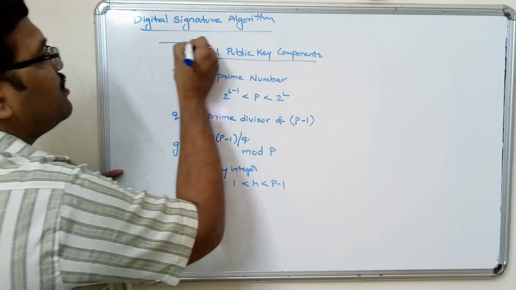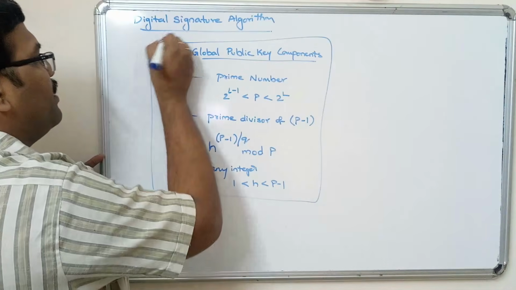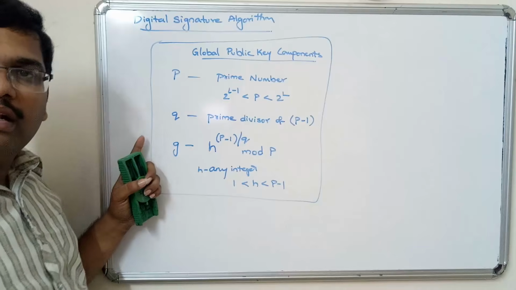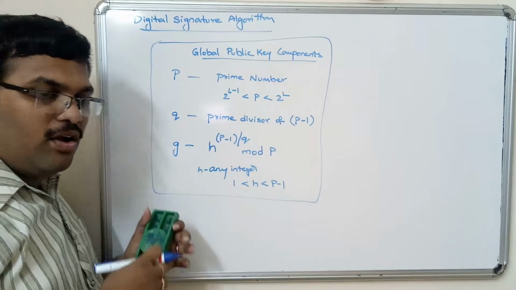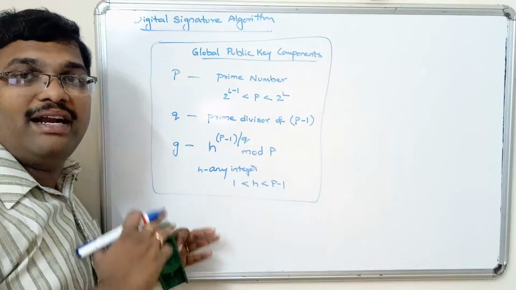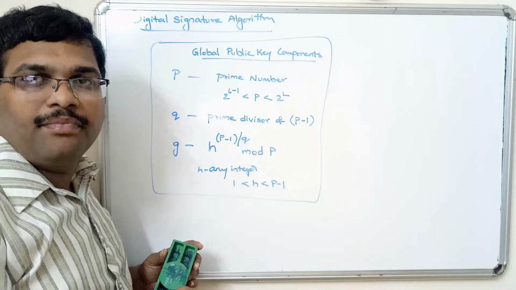So these all are called public key components. These public key components will be used at both the sender side and receiver side, as we have seen in the previous diagram, right?